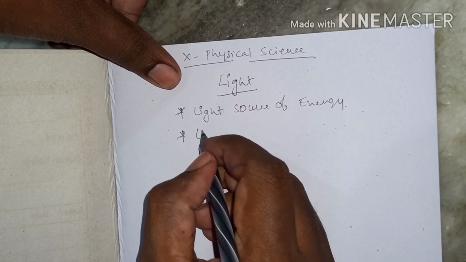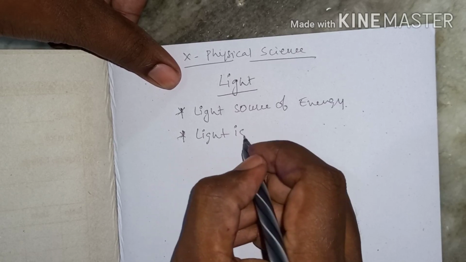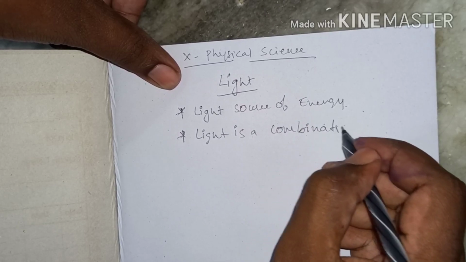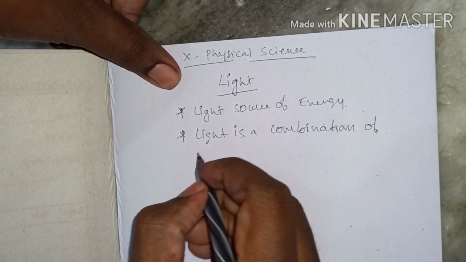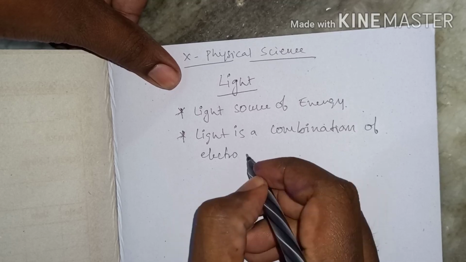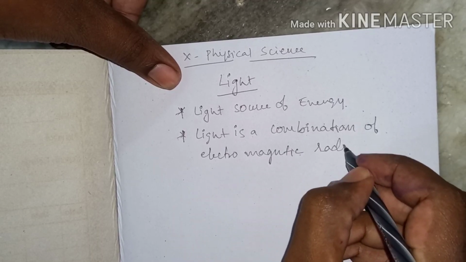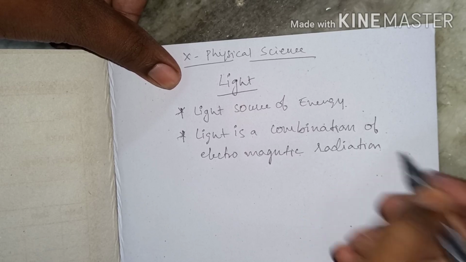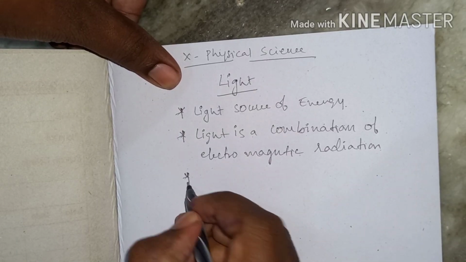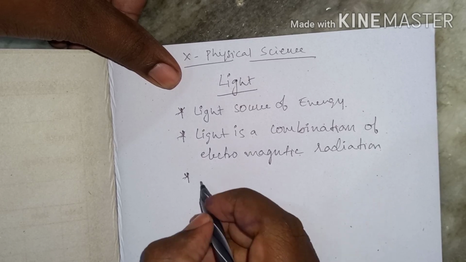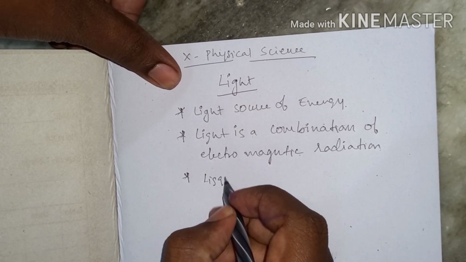So light is a combination of electromagnetic radiation. That's why light can travel in a medium and also in vacuum.